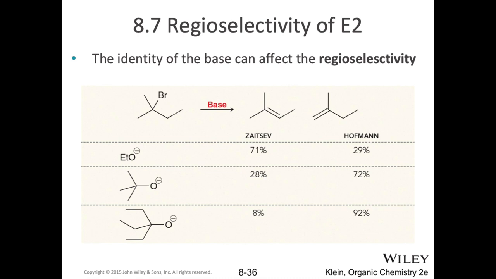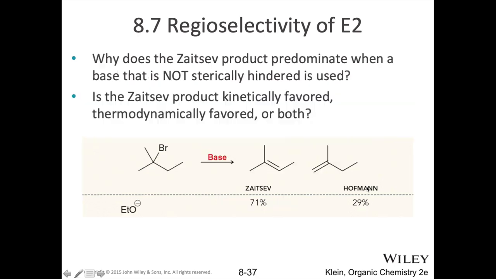Anyhow, we can see that the choice of base affects the regioselectivity. All right, so notice that here with ethoxide as our base, we use sodium ethoxide, for example, we have a preference for the Zaitsev product. But if we use something like tert-butoxide or an even bulkier base like this one, notice that the Hofmann product winds up getting much more preferred.